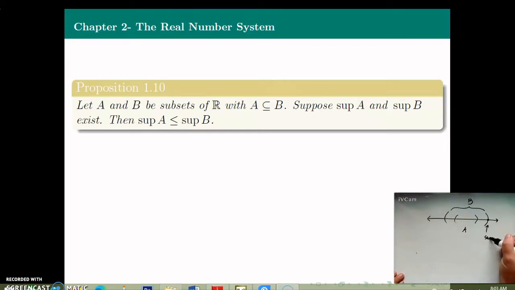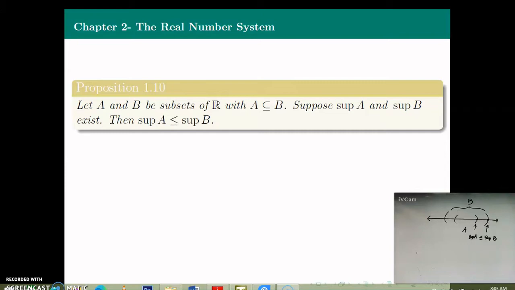This is the supremum of B, and this is the supremum of A. As you can see in our illustration, the supremum of A is less than or equal. It could be equal if A is here.